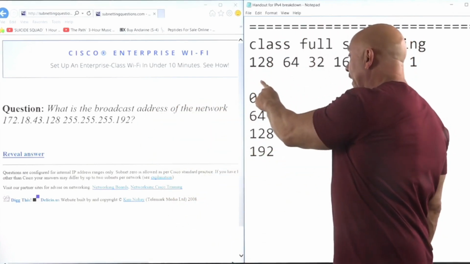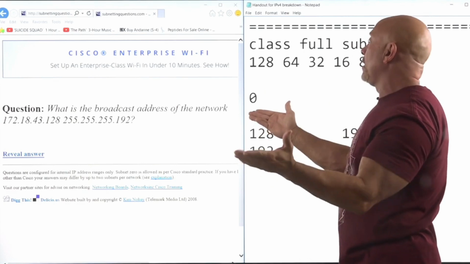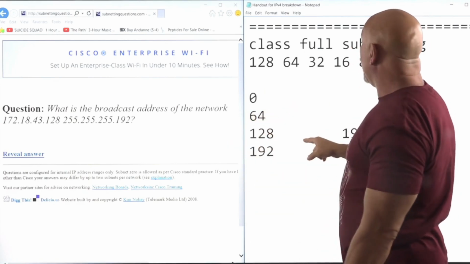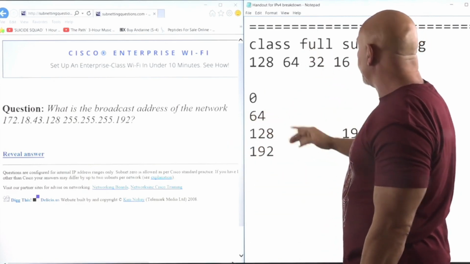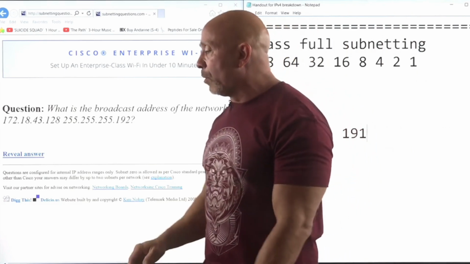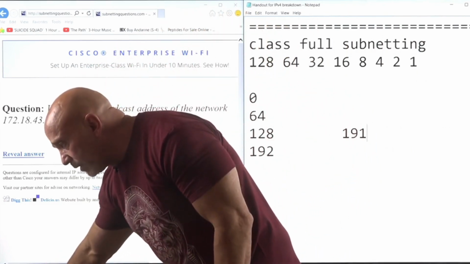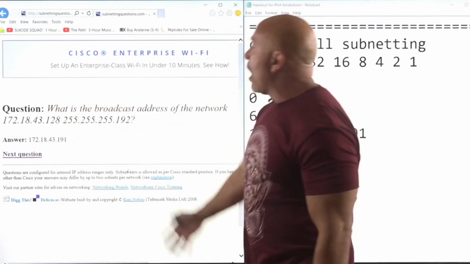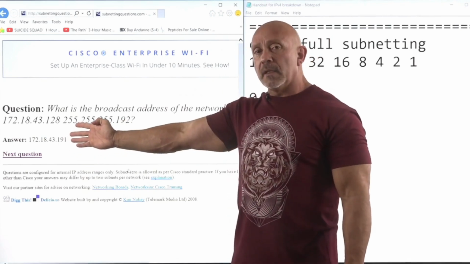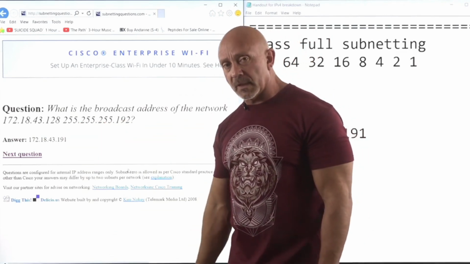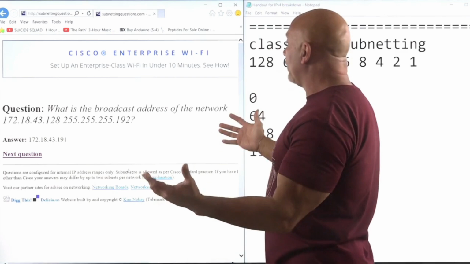Well, 128 and 64, that's 192. So we know the line is right here, and when we did our math, it came up 191. So let's see what the answer is. Lo and behold, it is 191. This method never fails.